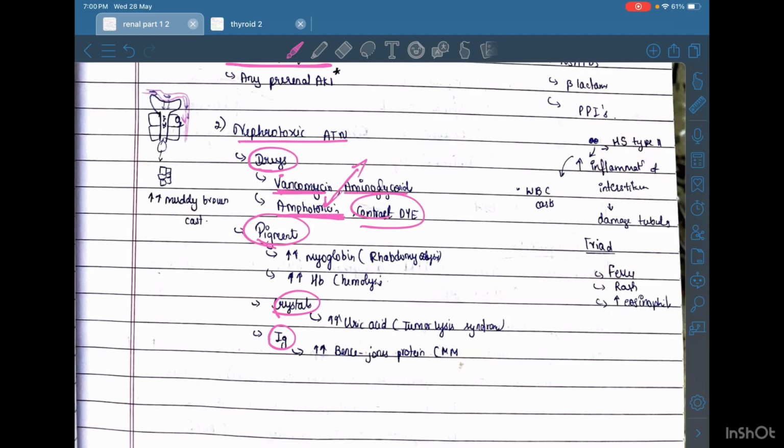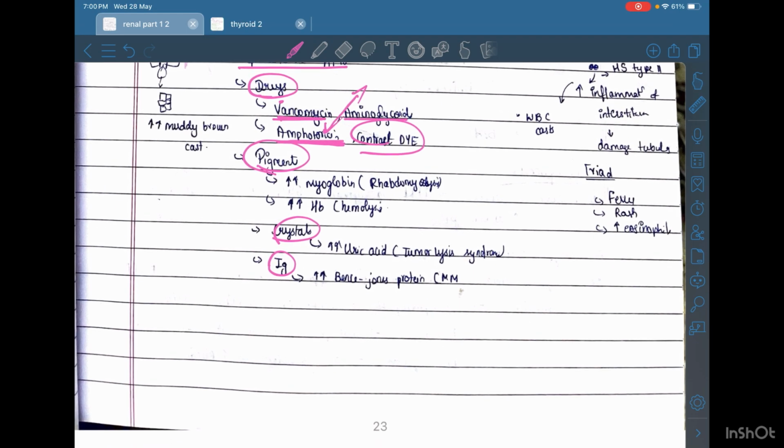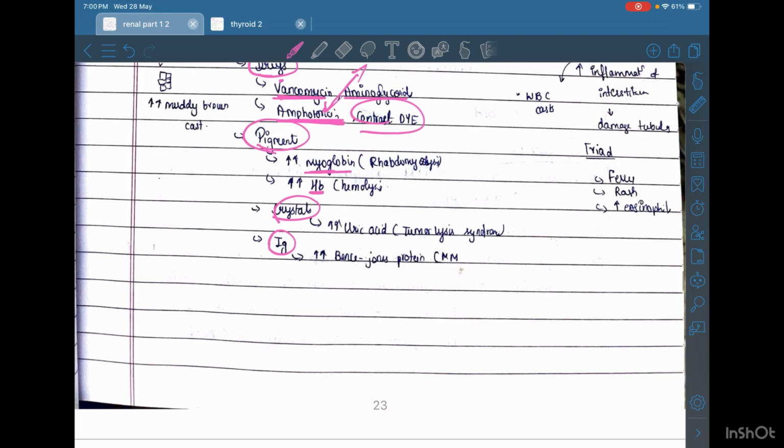And what is another one? Your contrast dye. Then pigments: hemoglobin and myoglobin. Crystals: mainly uric acid. Then IG: Bence Jones protein, multiple myeloma. Okay, drugs, pigments, crystals and IG.